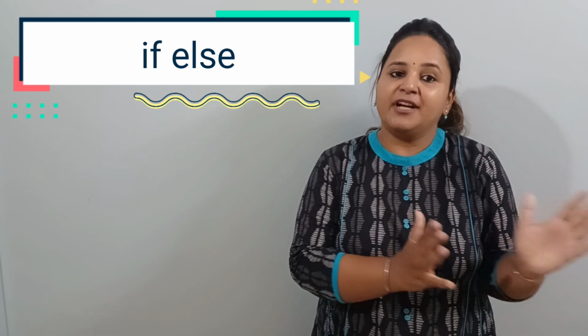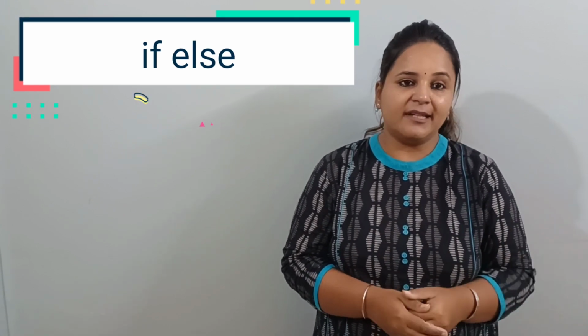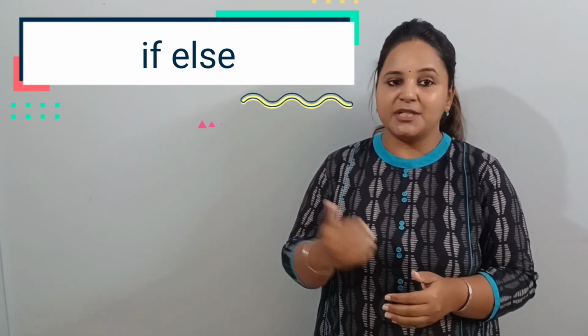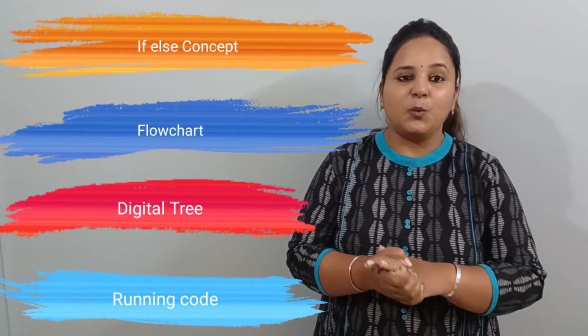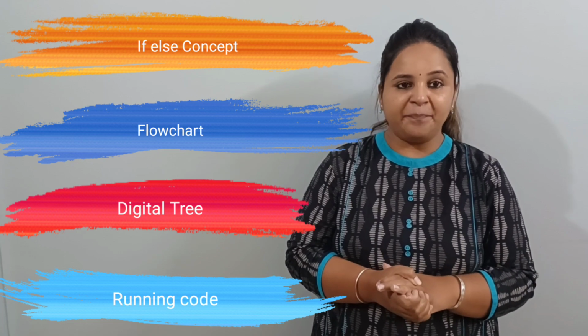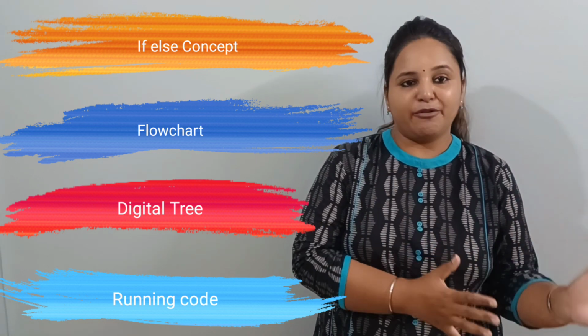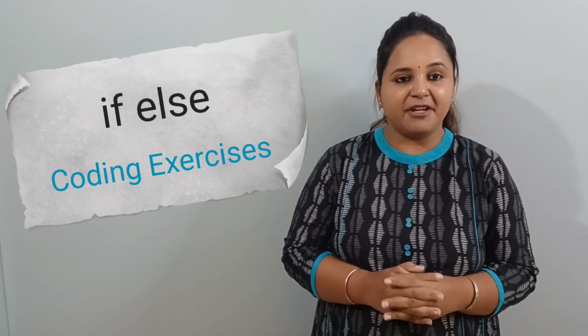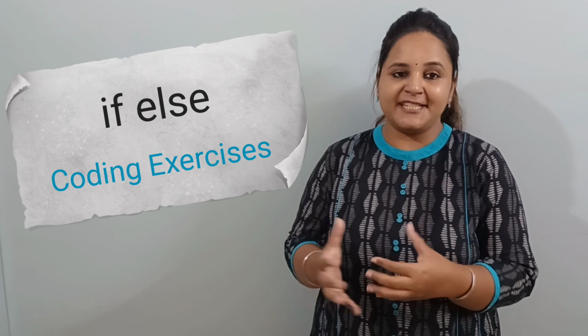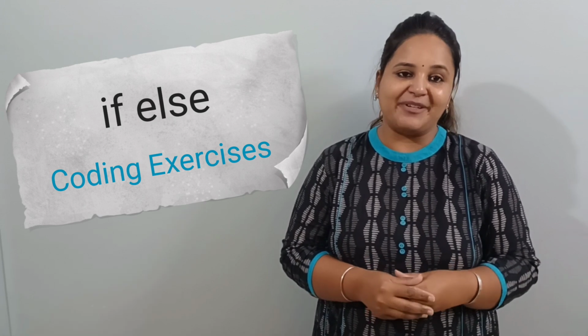And these choices are translated into a program using if-else, which is: if the condition is true, what is to be done? If the condition is false, what is to be done? So we have seen the definition, we have seen this concept with a flowchart and a digital tree. We also saw a running code showing how we can practically perform programs on if-else. We have also discussed many online and programming exercise examples where we can practice more to become a pro programmer in the coming days.